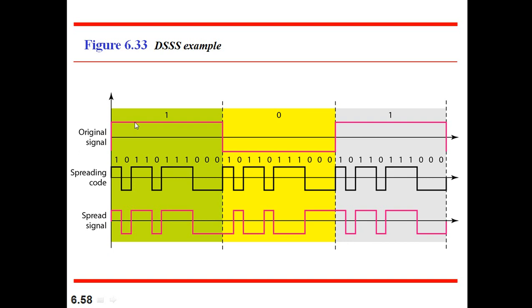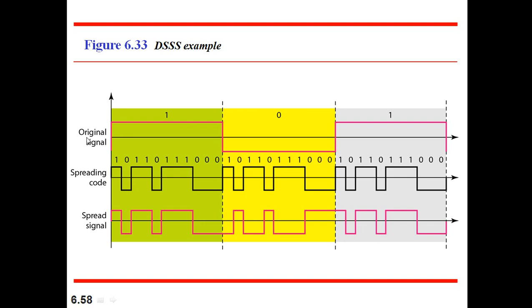And once you spread this original signal, the bandwidth requirement for the spread signal is nothing but 11 times larger than the original signal.